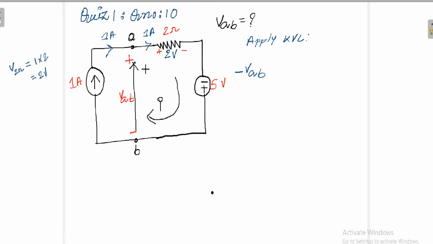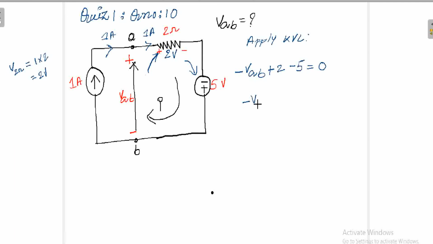Then it is seeing the positive polarity of your 2 volts, so plus 2 volts. And again it is towards the negative polarity of your 5 volts, so minus 5 volts, which is equal to 0.